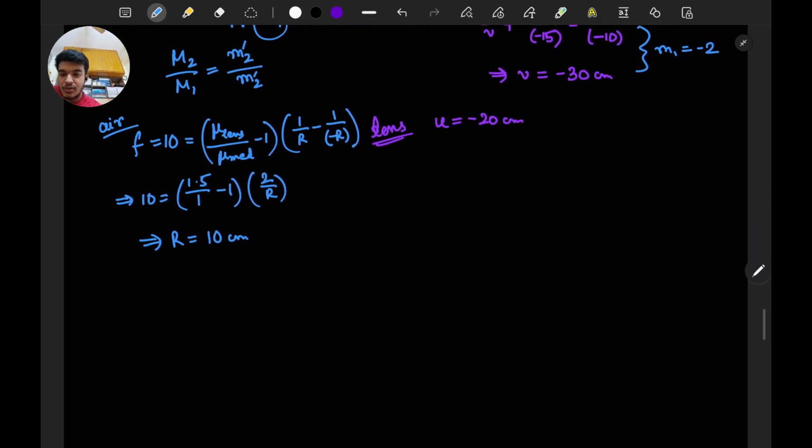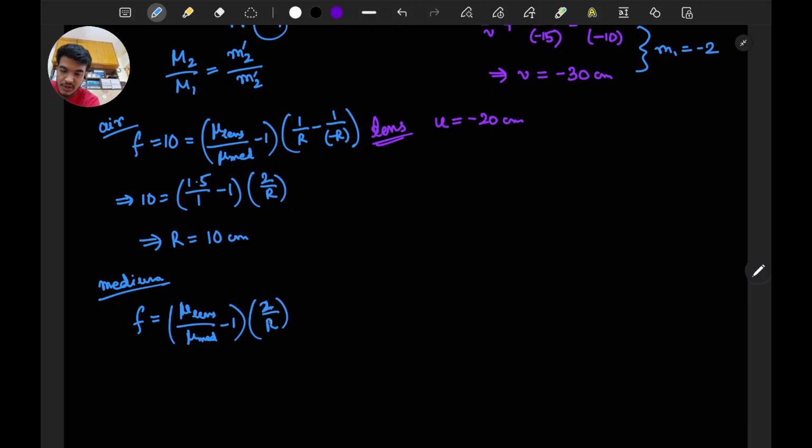All right. So in the new medium, if we need to find the focal length, we would see that 1 by f is mu lens by mu medium minus 1, 2 by r, that is 2 by 10.